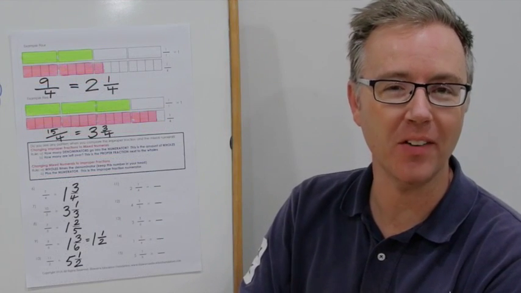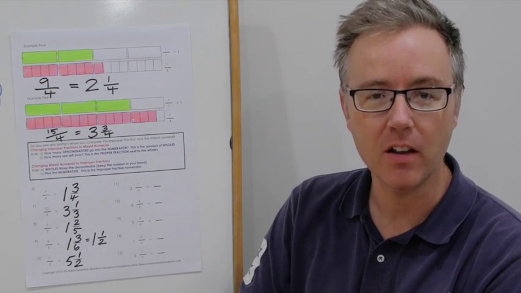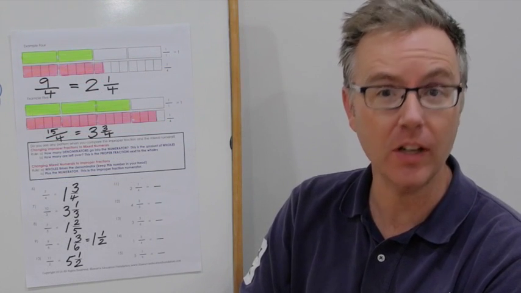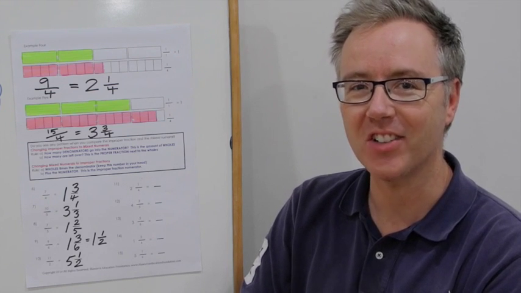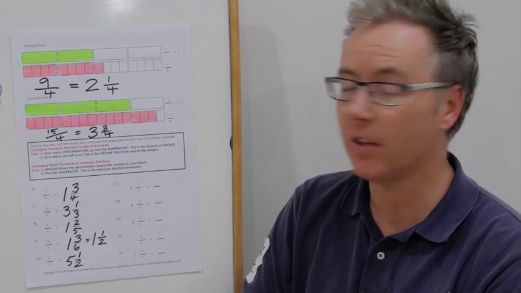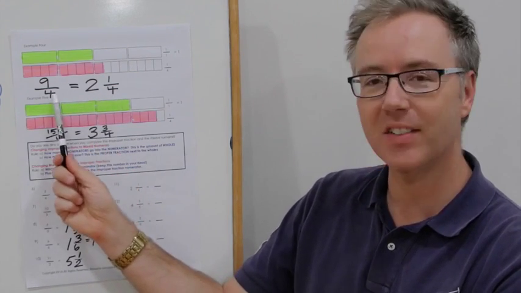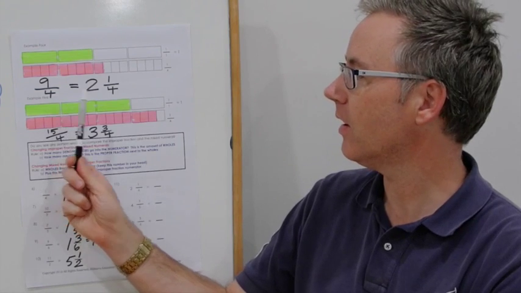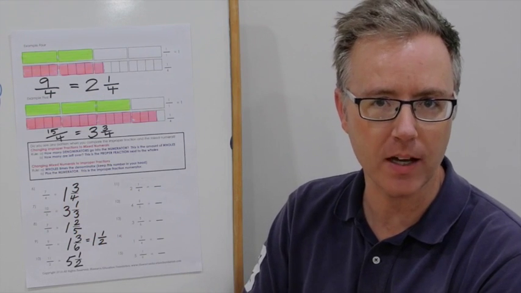So now we are going to go the other way. We will be converting from a mixed numeral into an improper fraction. Before we look at the rule, let's have a look at the examples on this page, 4 and 5, and actually see 2 1/4 is 9/4. You might notice that the opposite of division, of course, is multiplication.